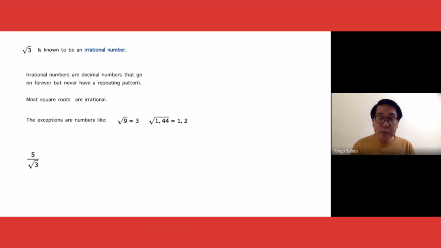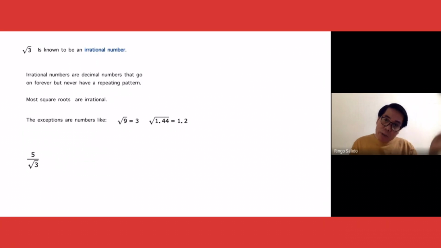What we need to do is to make it a rational number, or rationalizing. We use rationalizing the denominator, making the denominator into a whole number. Now, how do we make the denominator root of 3 into a whole number?